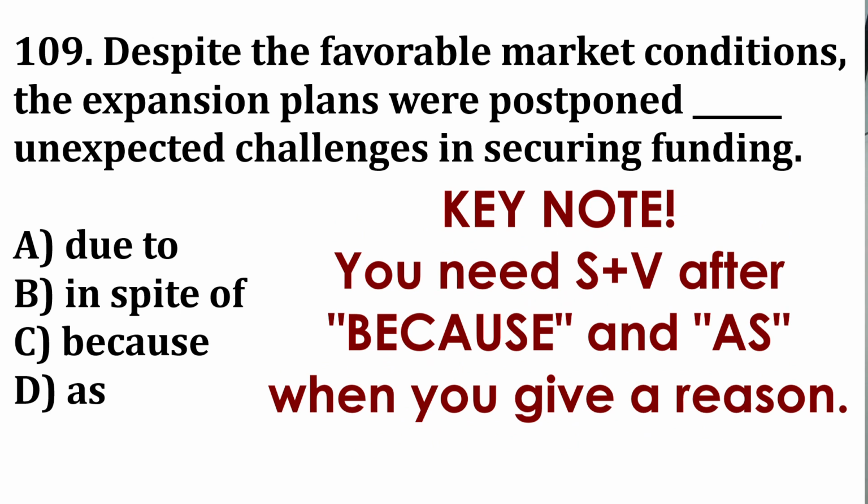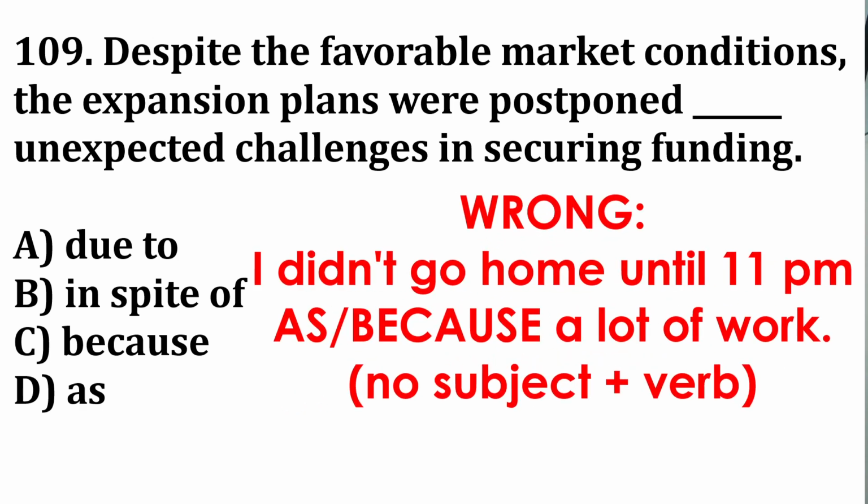Notice when giving a reason using as and because, you need a subject verb after it. So this is wrong: I didn't go home until 11 p.m. because as a lot of work. We do not have a subject verb after because or as to give a reason, so this is wrong.